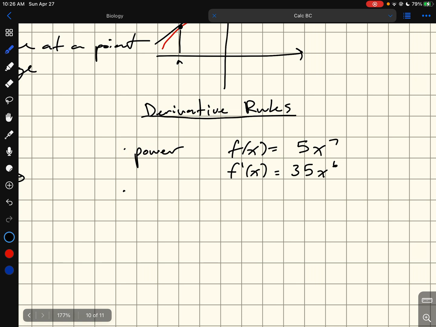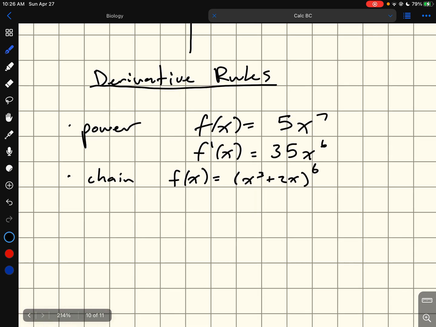And then chain rule. Chain rule, a lot of people get confused about, because it looks like there's a lot going on. You know you have a case of chain rule when you have two functions inside of each other, essentially.